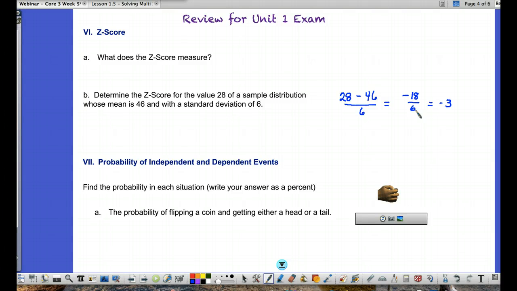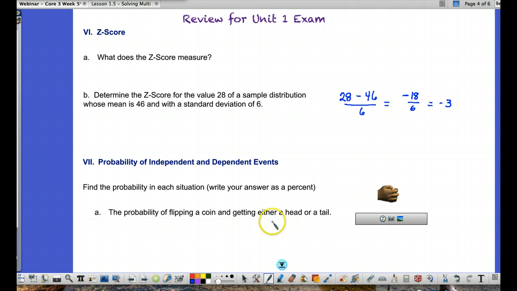I did want to review a little bit of probability because we don't touch on that a lot, just because you did that in previous years. So we have some basic probabilities of independent and dependent events. On this one, the probability of flipping a coin and getting either a head or a tail, assuming that it doesn't fall on the edge, because if we add that in, that changes everything.